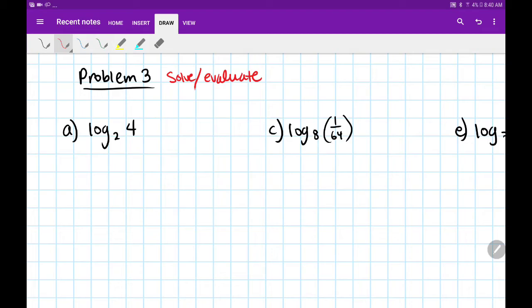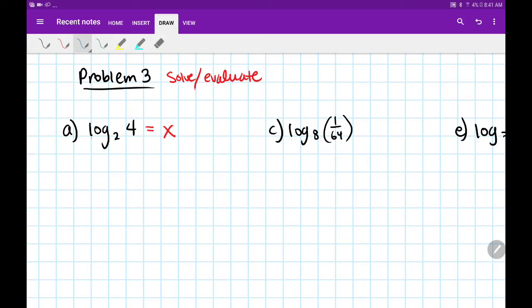Notice we're in log form because we see the word log, but what's different about these problems is there's no equal sign. So when we want to evaluate, hey, what does this log equal? I actually want you to write equals x, because we're basically going to try to solve what this is. So we want to find out what x is.